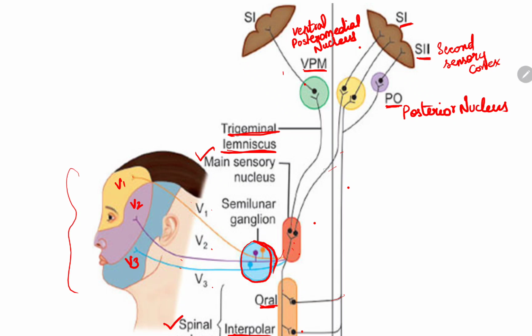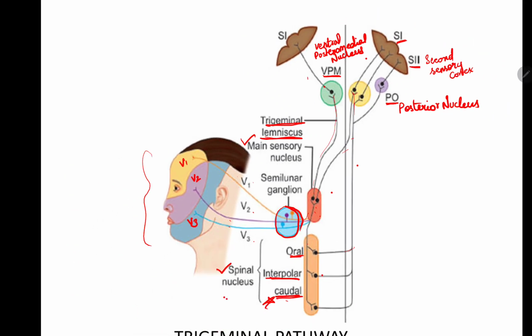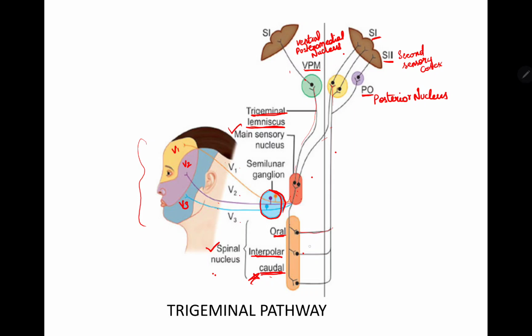Few here, if you can see, few are also going here, few are going here. These all are going to the posterior nucleus. And from here also, it will reach the ventral posterior medial nucleus. Only few from here will go to the second sensory cortex and reach there, okay?